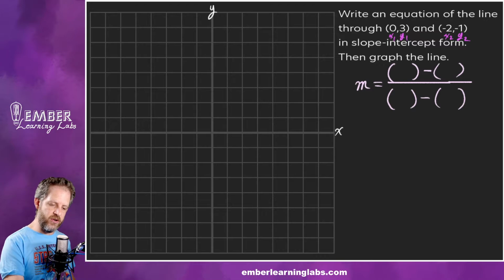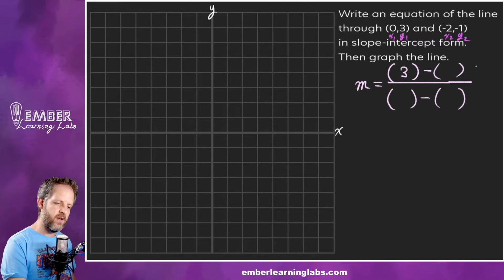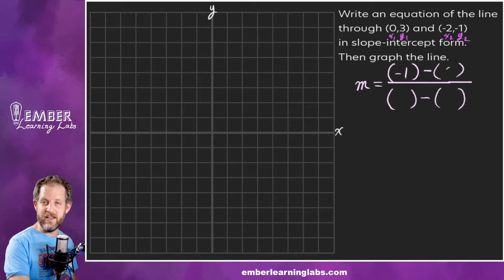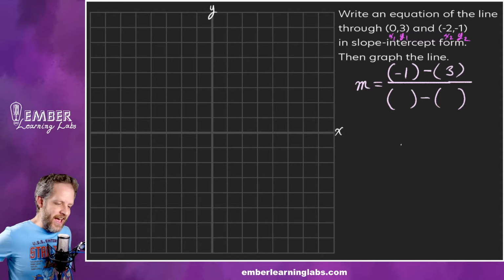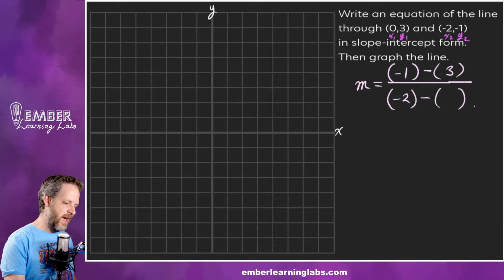So y2 in this particular case is 3. Oh, no, just kidding. Y2 I labeled as -1. Y1 is 3. At least I got the right variable, right? And x2 is -2. And x1 is 0.